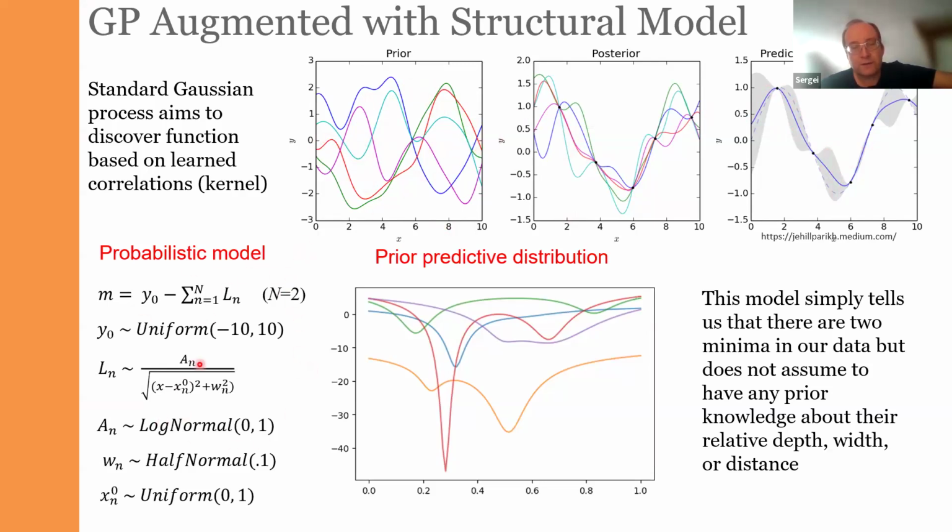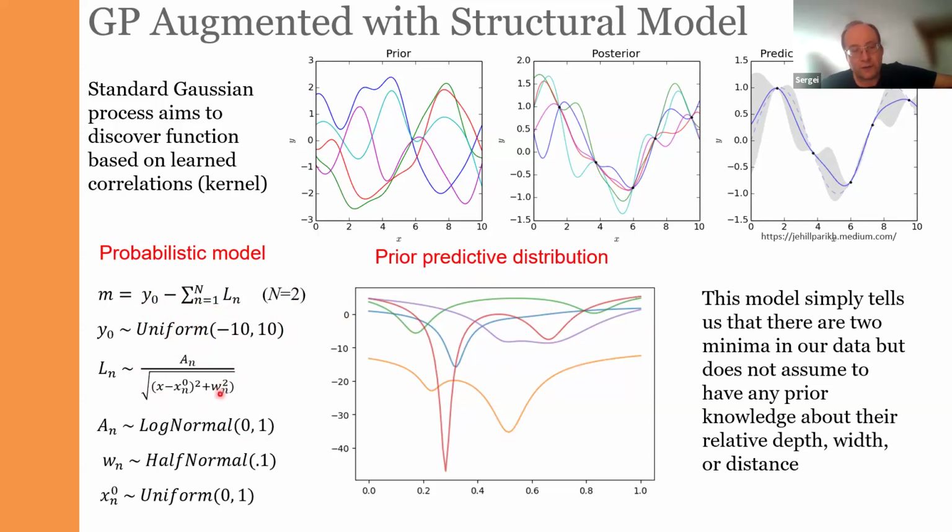This is how the structured GP will look like. In this case, the prior predictive distributions are no longer the functions that go like this. It will be the functions that have some specific functional form. So I define them as a probabilistic model, the same way as I would do it in Bayesian inference. For example, I can choose that my function would be an offset plus 2 peaks. I can choose the prior distribution of the offset, so it is anywhere between minus 10 and 10.